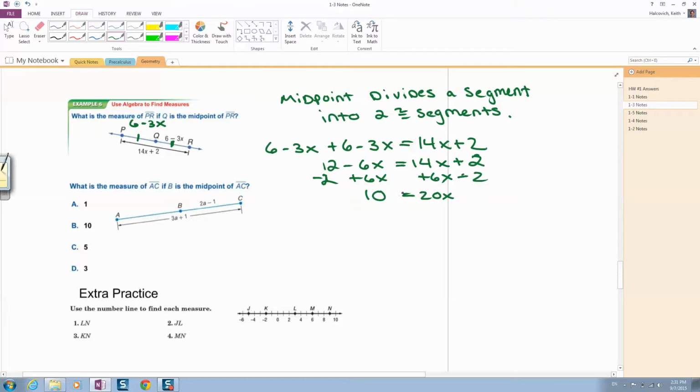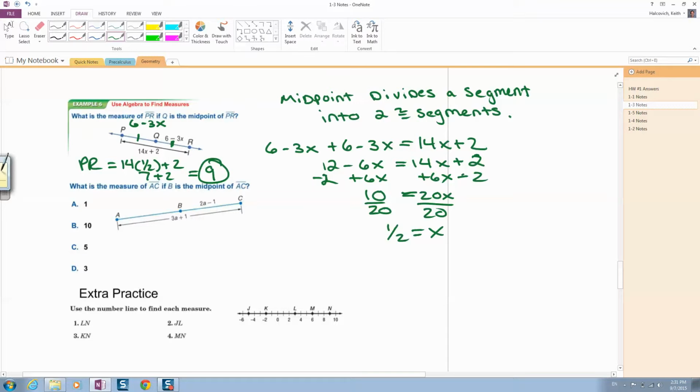So it becomes 10. Divide by 20, and you get x equals 1/2. So finding the measure of PR, it's 14 times 1/2 plus 2. Half of 14 is 7, plus 2 is 9.